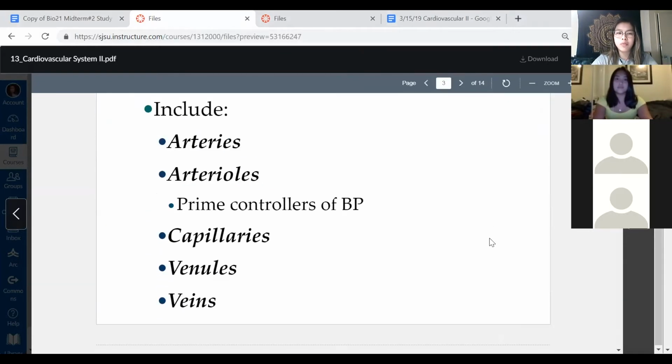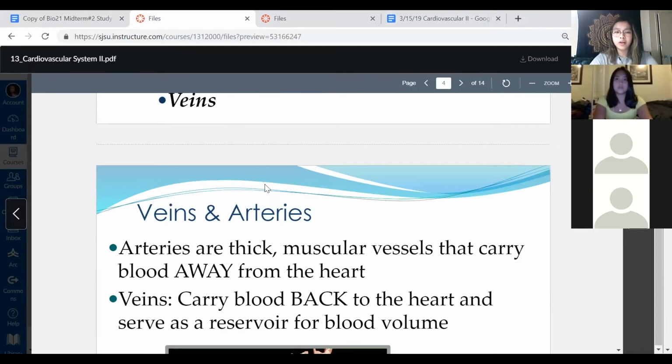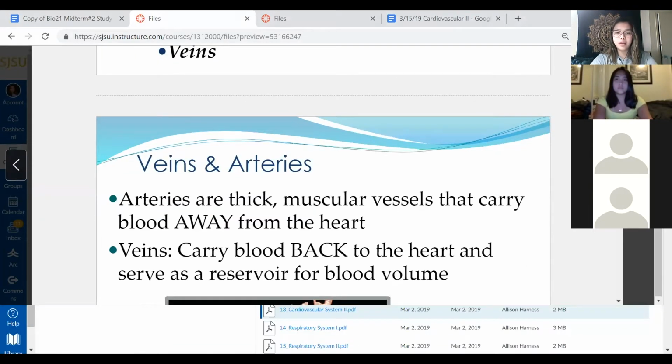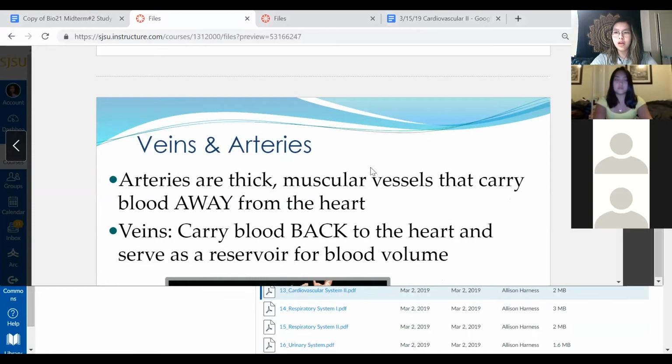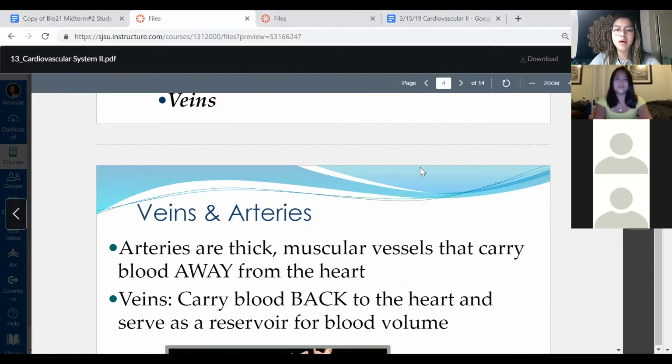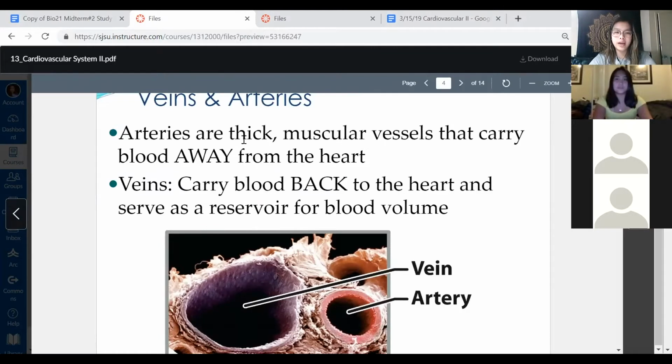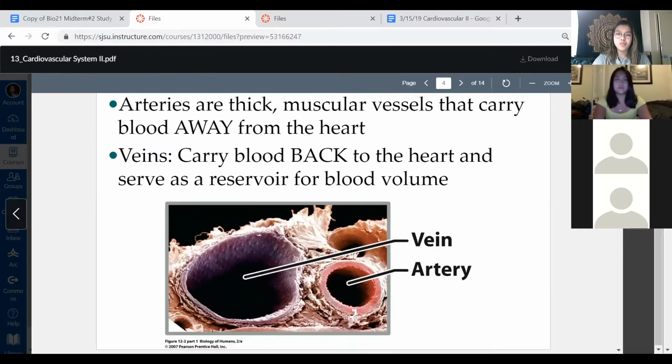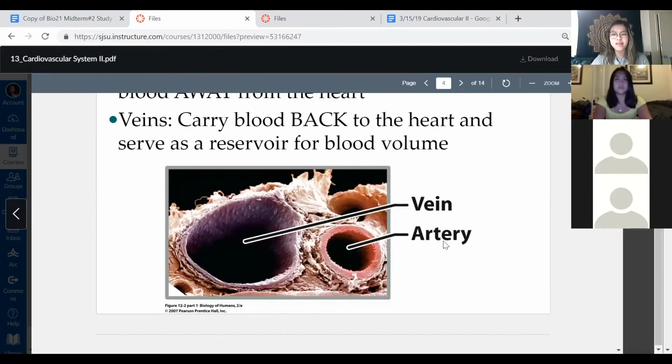The arteries are thick and carry blood away from the heart, whereas the veins carry blood back to the heart. An easy way that I remember this is artery carries blood away, so it's A and A, and the veins carry blood back.